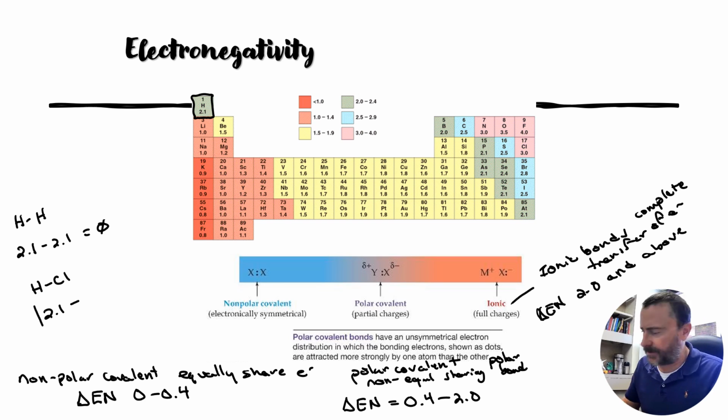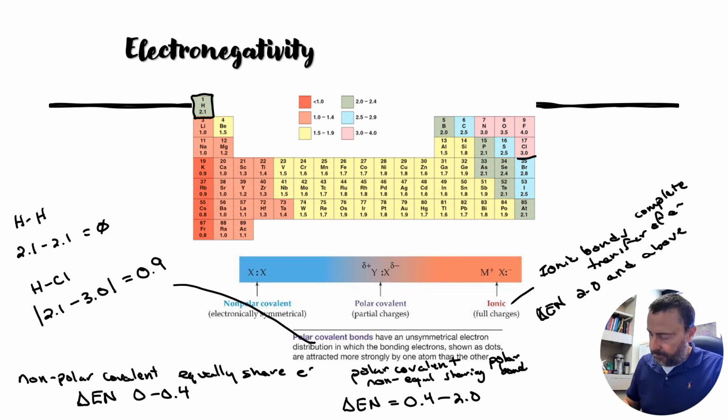We're going to do the absolute value of these, minus our chlorine, which is 3.0. I would have an electronegativity difference of 0.9, so I would say that this is a polar covalent bond.